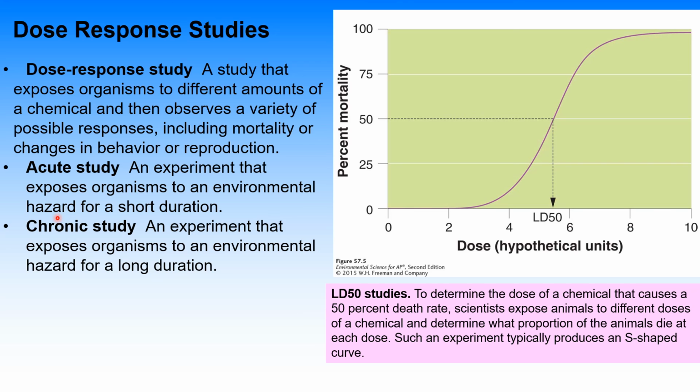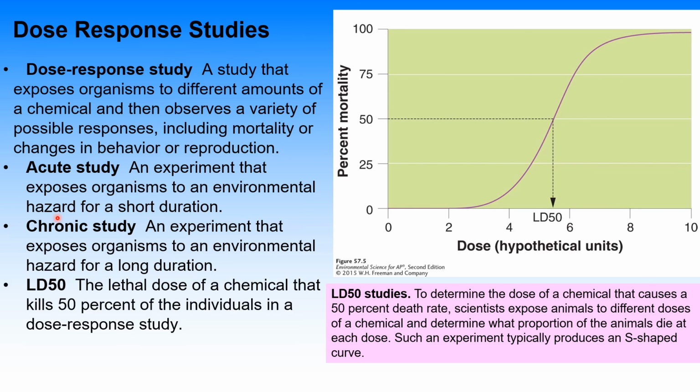That's where we might look at the effects on an organism or a human over time. And we just discussed the LD50, which is a study that's looking at the lethal dose that kills 50% of the individuals that are exposed to the harmful substance. In this case it could be a toxin, but it could be some kind of chemical for a medicine.